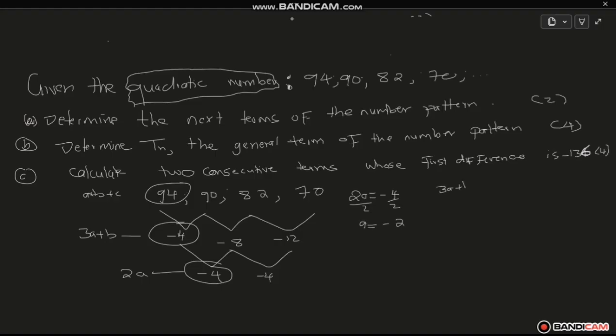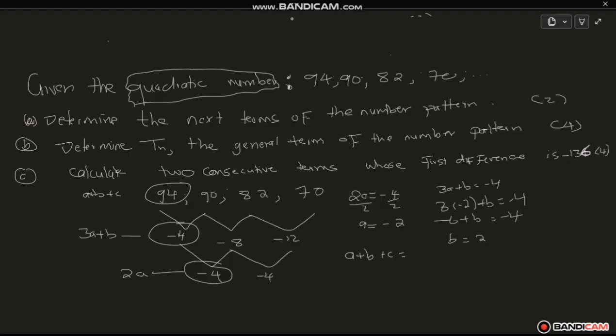Then 3a plus b equals negative 4, the first term on the first difference, it will be equal to negative 4 here. Then you substitute, you transpose the 6 to the right. Therefore, b equal to negative 4 plus 6, it will give you 2.